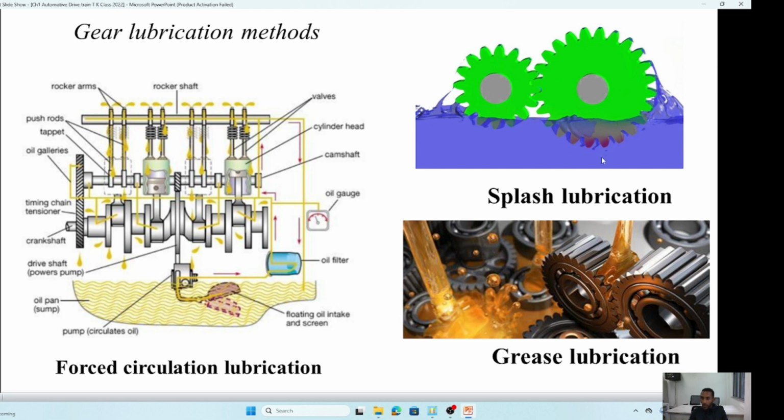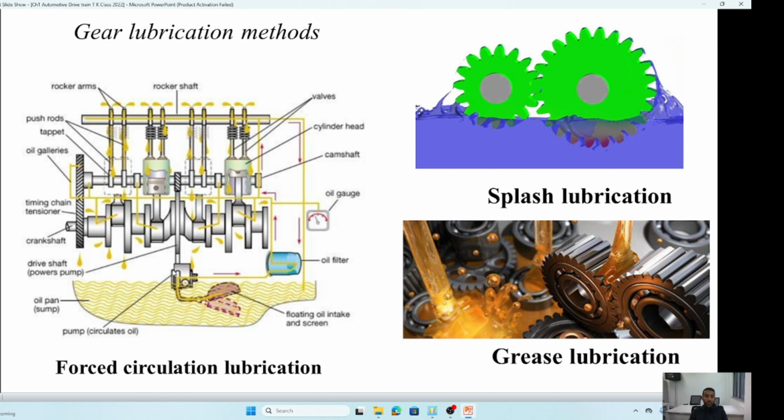But for medium and high speed operation, we must use the oil bath method. In this oil bath or splash method, half of the gear is immersed in the oil, and as it goes through, it takes lubricant to each gear tooth and lubricates the mating gears.